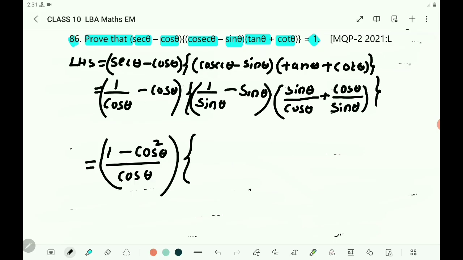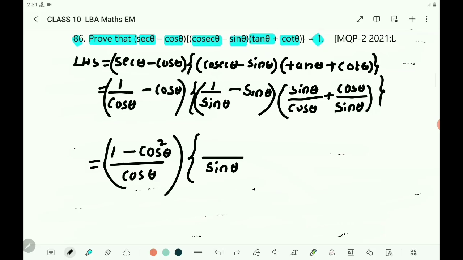Next, in the other bracket, here also take the LCM. What is the LCM? Sin theta. And this 1 remains as it is because the denominator is sin theta, minus sin theta is to be multiplied by sin theta and it becomes sin square theta. Write in the bracket into.